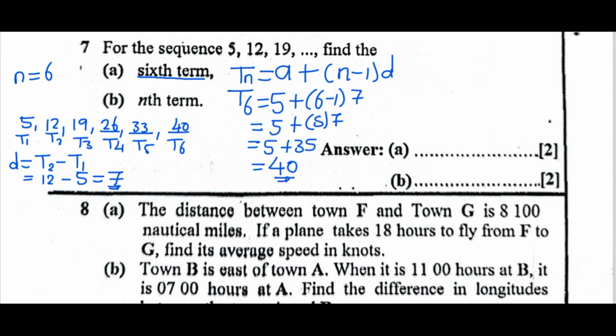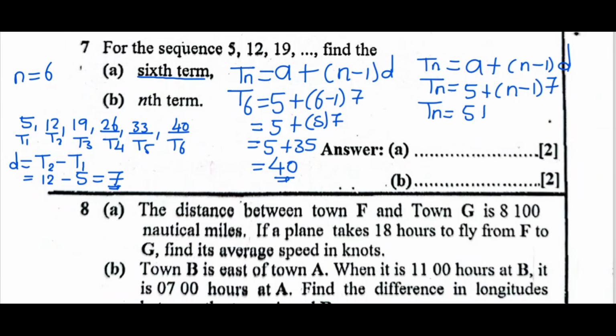Now for B, the nth term. So for the nth term you use Tn is equal to a. This time, because it is any n, you don't substitute. So our a is 5 plus n minus 1, our common difference is 7. So this we can now expand.